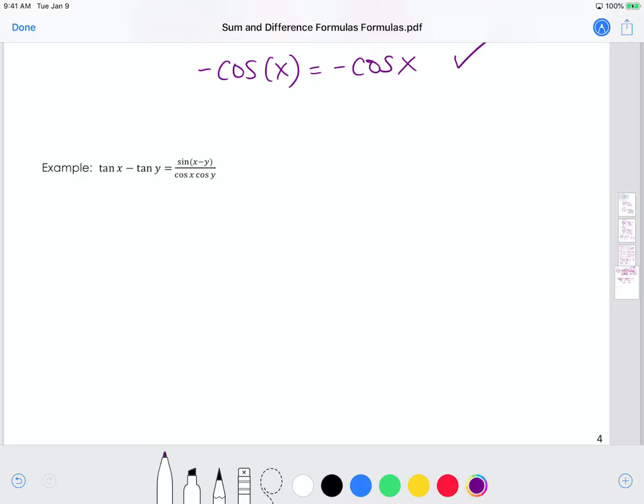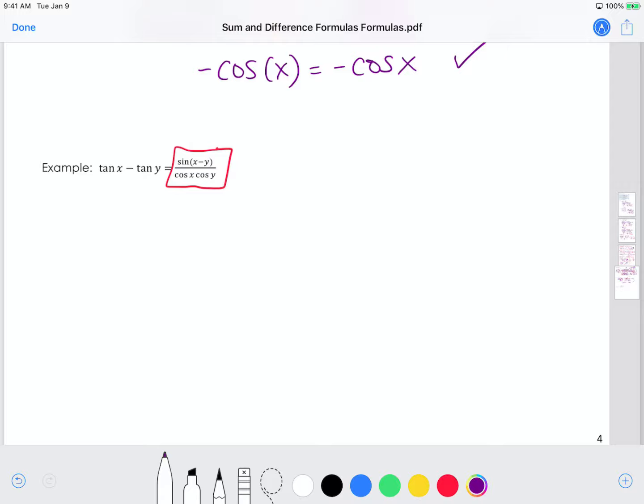Okay, last example that we can use sum and difference formulas to prove identities. We have tangent x minus tangent y is equal to sine of x minus y over cosine x times cosine y. Now, most of the examples we've done with identities, the left-hand side seems to be the more complicated one that we try to simplify and show that it equals the right side. In this case, I'm going to manipulate the right-hand side using my sum and difference formulas and try to show that that's equal to the left-hand side.